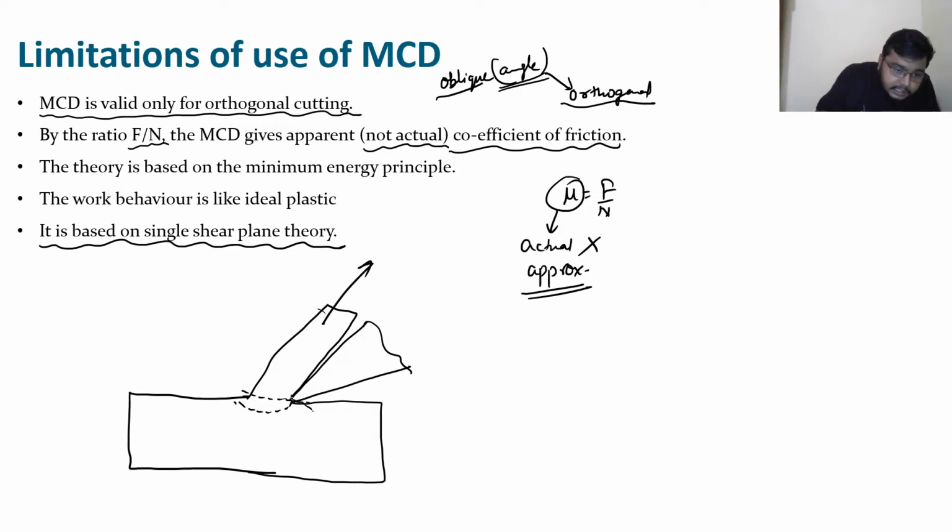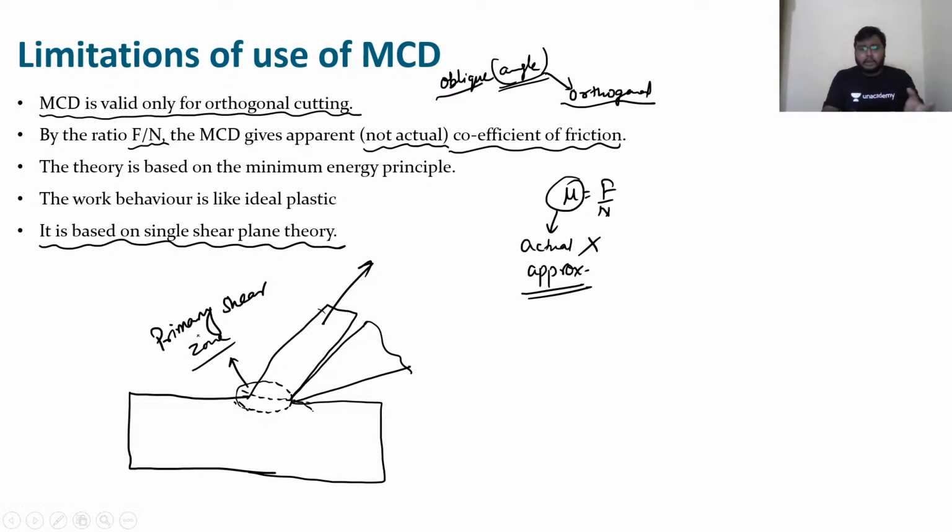So this entire zone is the primary shear zone. And in this primary shear zone, you cannot consider one shear plane, right? This is a zone, and in that zone there are multiple shear planes. So you cannot consider that in that zone only one shear plane is there. This is the assumption that they have taken. A single shear plane has been considered, and most important is there. So this is why the answer is approximate, because there are a lot of shear planes.